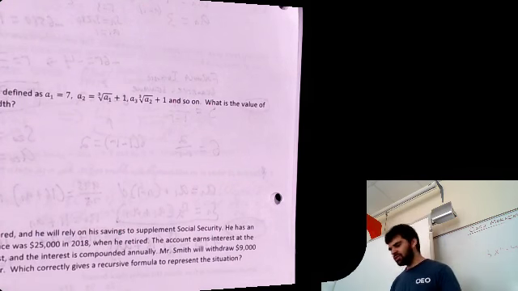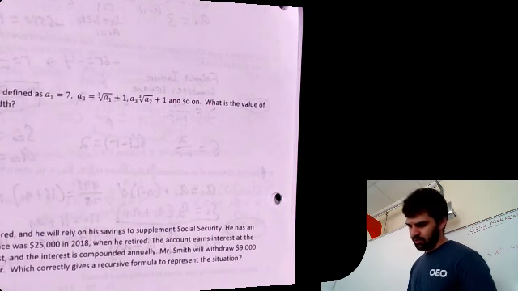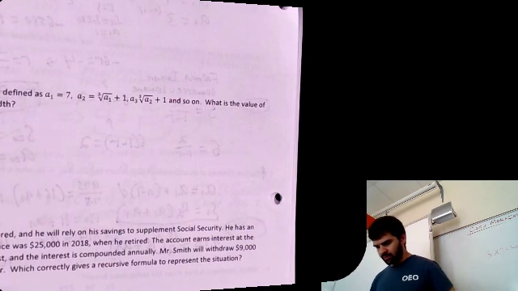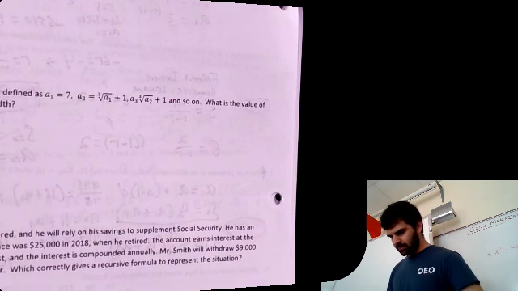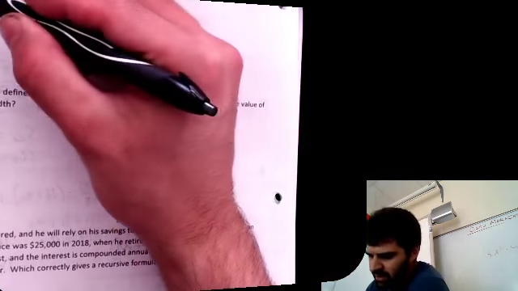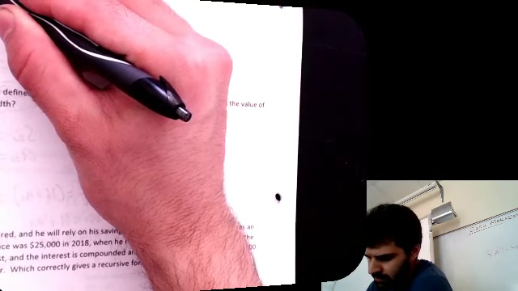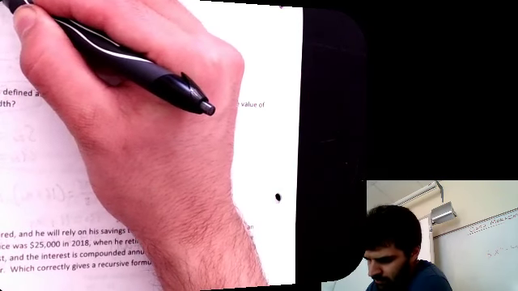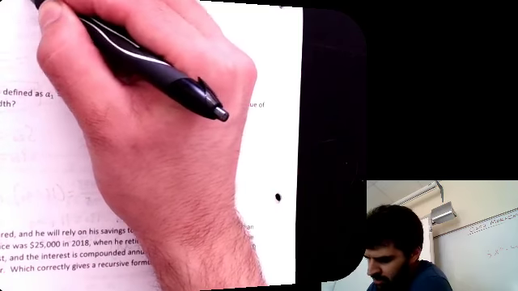Well, what we can do is we can work backwards from the 5th term. So a_5 is equal to 407.